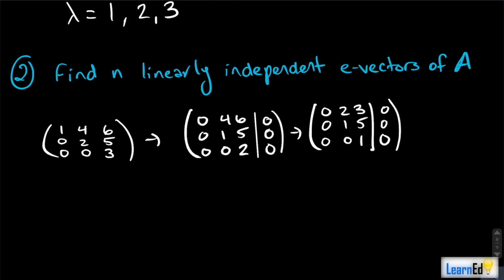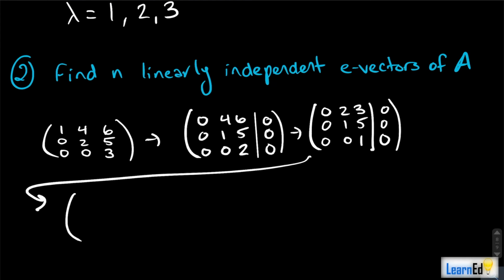What I'm going to do here now is just scale down this first row and get 0, 1, and this 3 would have to become a 3 halves, but that's unimportant. We don't have to deal with anything gross here, because I'm going to perform a row swap between rows 2 and 3.